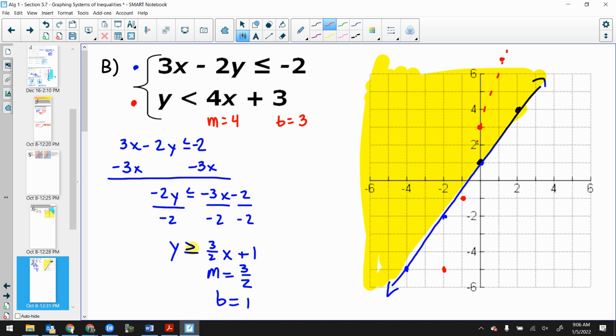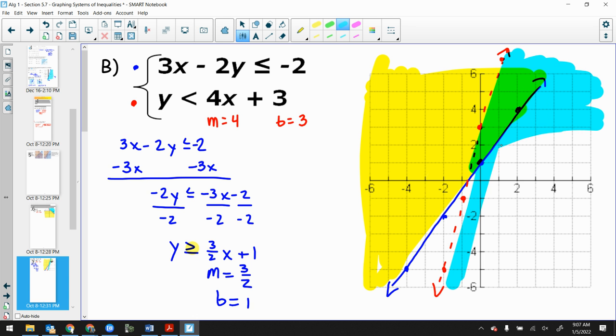Dotted line for this one. Do I shade above or below that? I shade below because it's less than. And it looks like my green region is my overlapping region again.